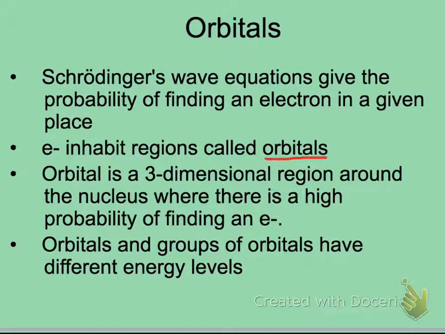And orbitals and groups of orbitals have different amounts of energy. They actually exist in energy levels. This starts to sound a little bit like the Bohr atom, doesn't it? These energy levels are similar to the ones described by Bohr, though significantly expanded upon and improved by Heisenberg and Schrödinger.